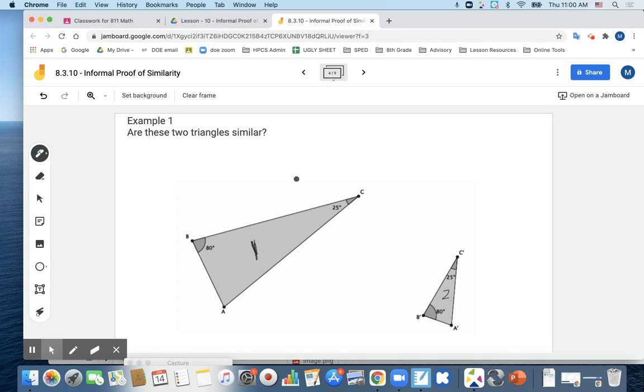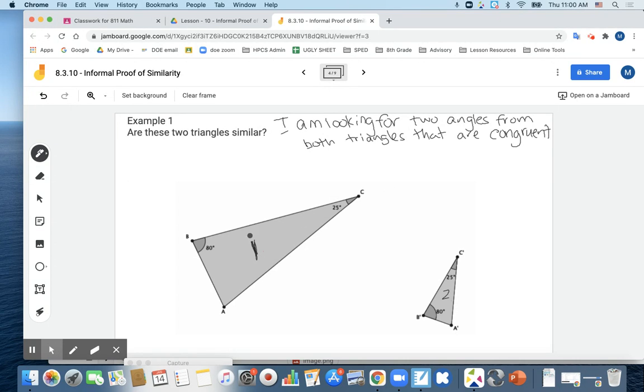So what am I looking for? I am looking for two angles from both triangles that are congruent.